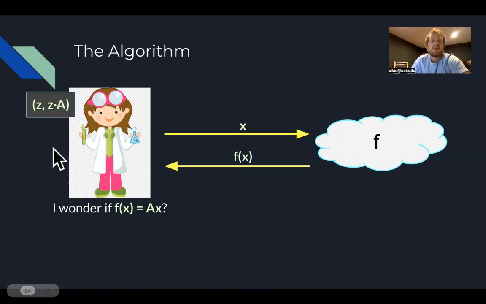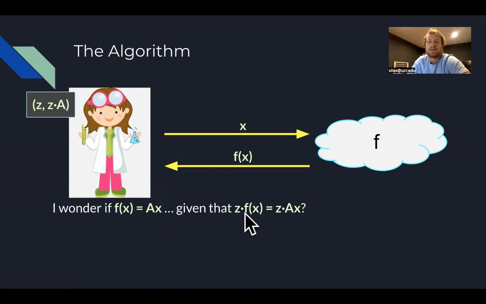However, let's run the algorithm from our side quest and recover some row of A, namely some pair Z, Z times A. Now, if we send x to the oracle for f and we receive f of x, we only have to wonder whether f of x equals A of x given the one linear combination that we know holds.